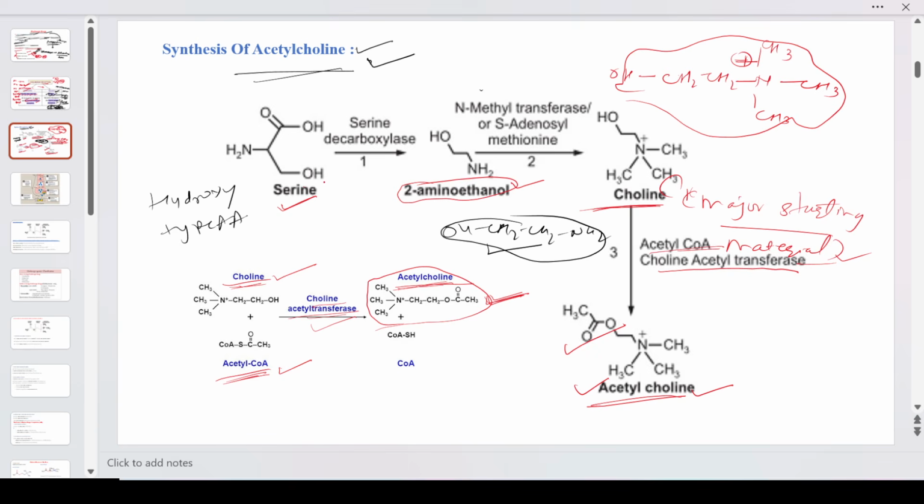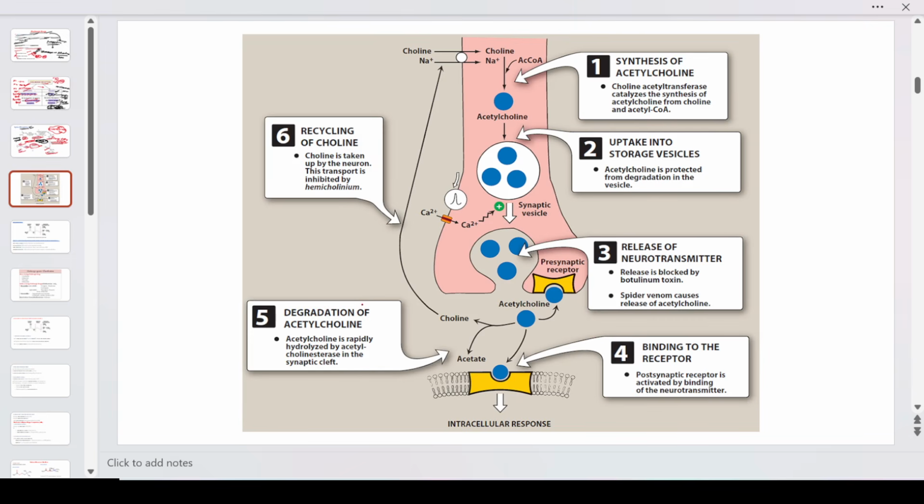You have to remember from which amino acid acetylcholine is synthesized, and what the two main substrates are, choline and acetyl CoA. So this is most important. We will see the synthesis again.